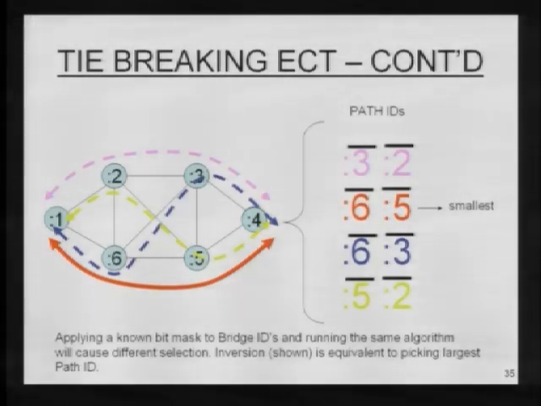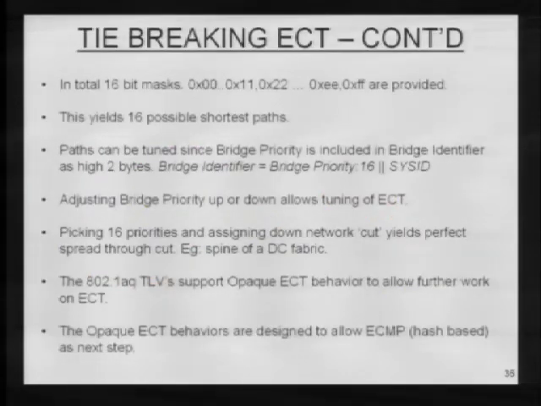And so that's actually the second ECMP behavior. And then there are 16 essentially bit masks, each of which is successively used to produce a different ECMP behavior. So each one of those bit masks will produce a different SPF or a substantially different SPF tree under ECMP with respect to the others.